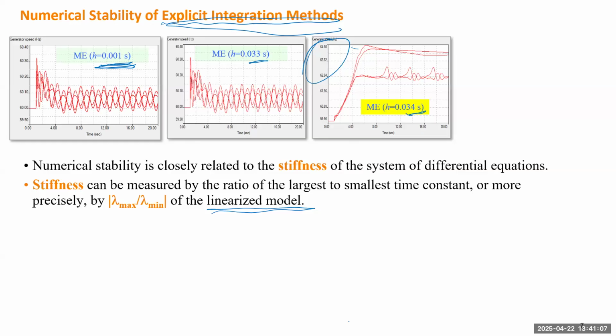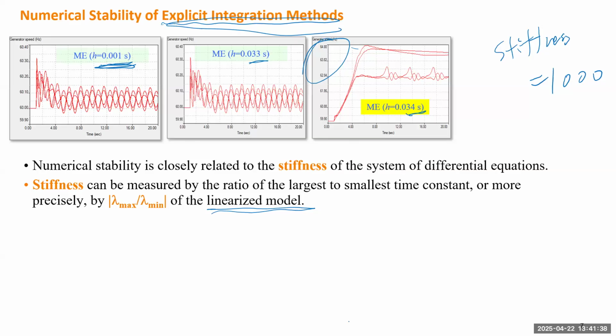But if the ratio of the largest eigenvalue to the smallest eigenvalue, the stiffness, is 1000, what does this mean? The largest period is 1000 times the smallest period. In order to capture the largest period, your simulation period needs to be long enough, right? You have to simulate a full swing for the slowest oscillation.